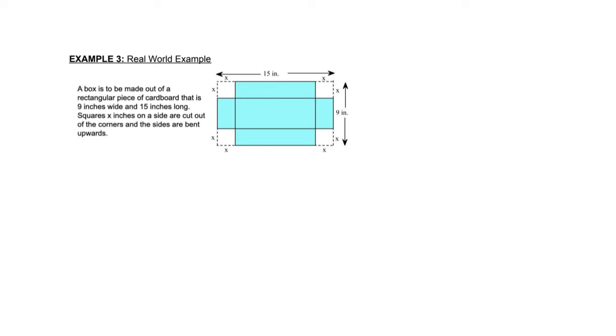So what we're gonna do is, a box is made out of a rectangular piece of cardboard that is 9 inches wide, 15 inches long. Squares x inches on a side are cut out of the corners and the sides are bent upward. Okay, so what we want to do is find the surface area and volume.